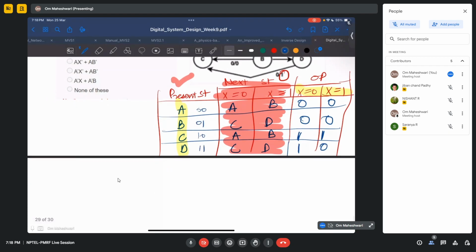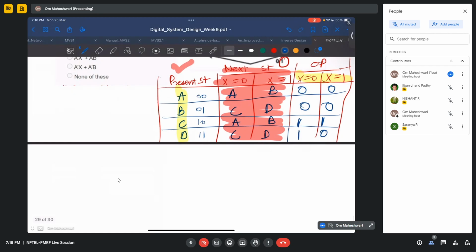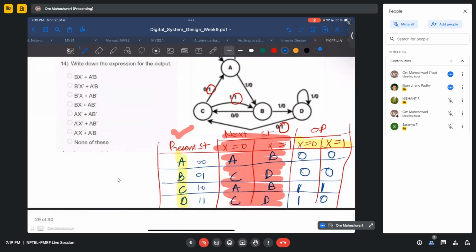We name these states like this maybe. A bar, A bar what?